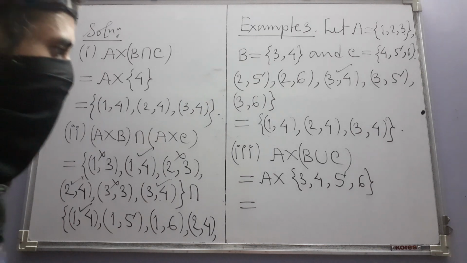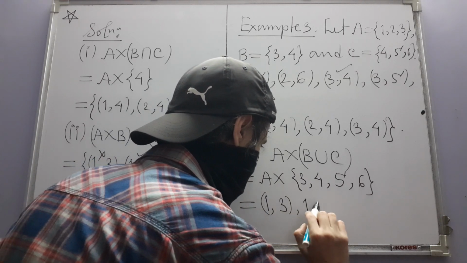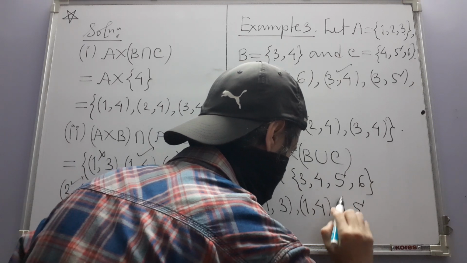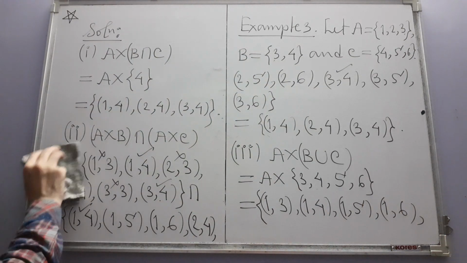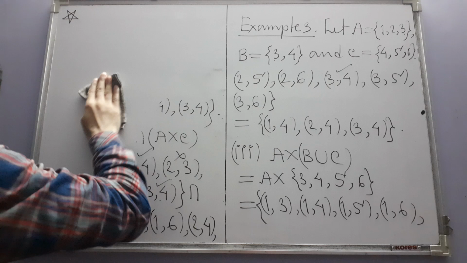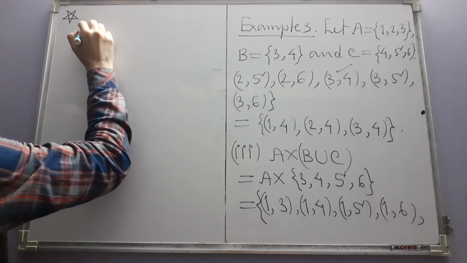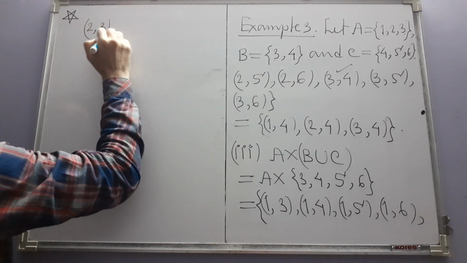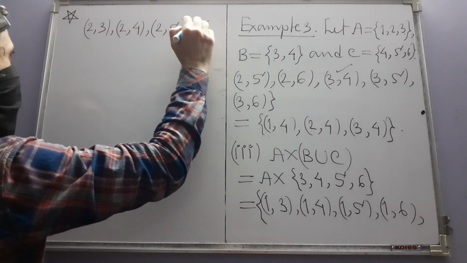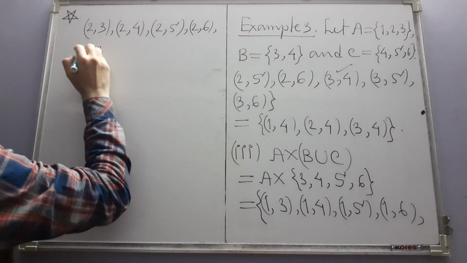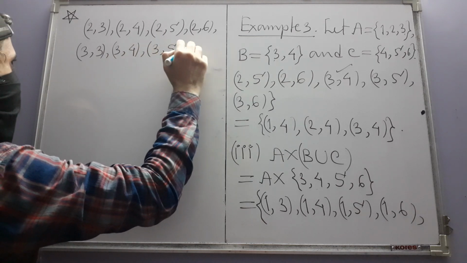So 3 times 4, there will be 12 elements. 1 3, 1 4, 1 5, 1 6. 2 3, 2 4, 2 5, 2 6, and finally 3 3, 3 4, 3 5, 3 6.